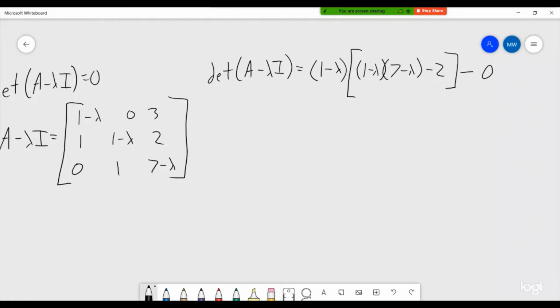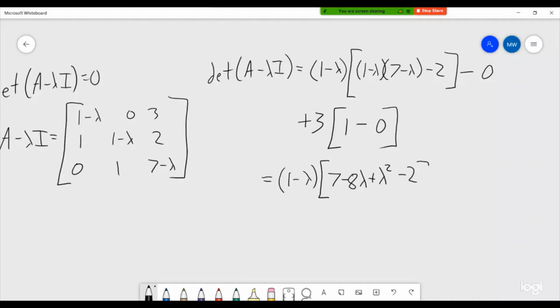So minus 0 times something, and then plus 3 times 1 minus 0. Perfect. That's going to be an easy one. So this is going to be equal to 1 minus lambda times 7 minus 8 lambda plus lambda squared minus 2, plus 3. So that is 7 minus 2, that's going to be a 5 in there.